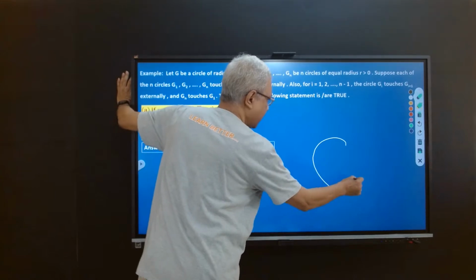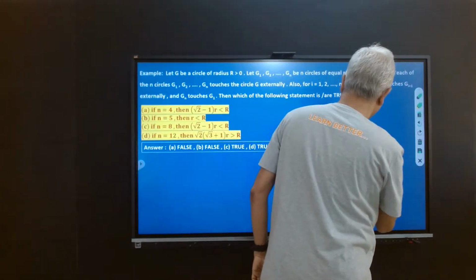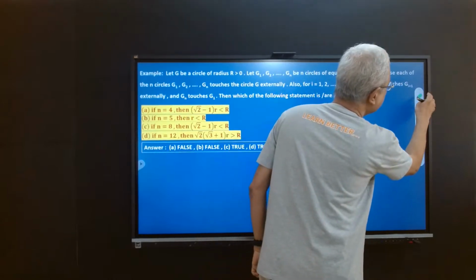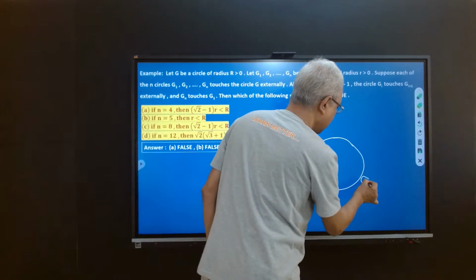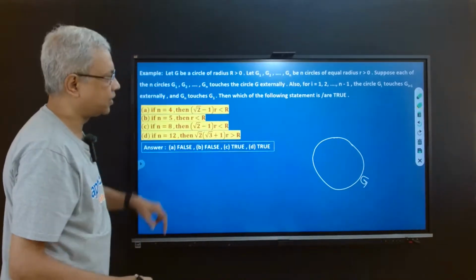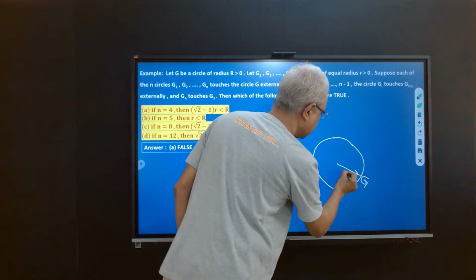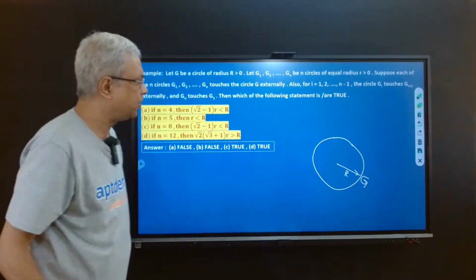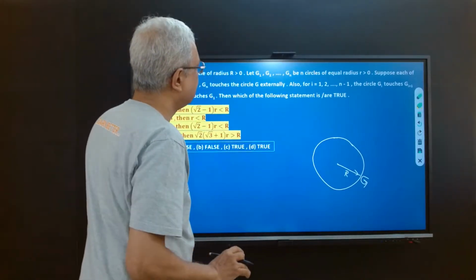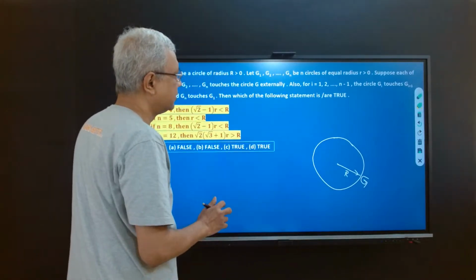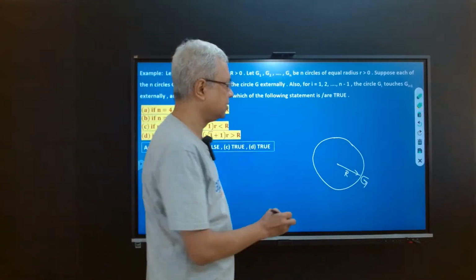So this is a circle G whose radius is capital R. This is the center of the circle, and this is the radius of the circle. Simple. Now there are n number of circles G1, G2, ..., Gn, which are touching this circle G externally.